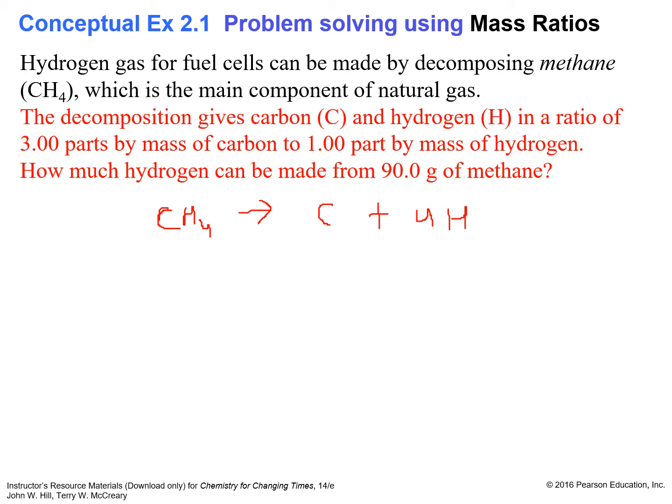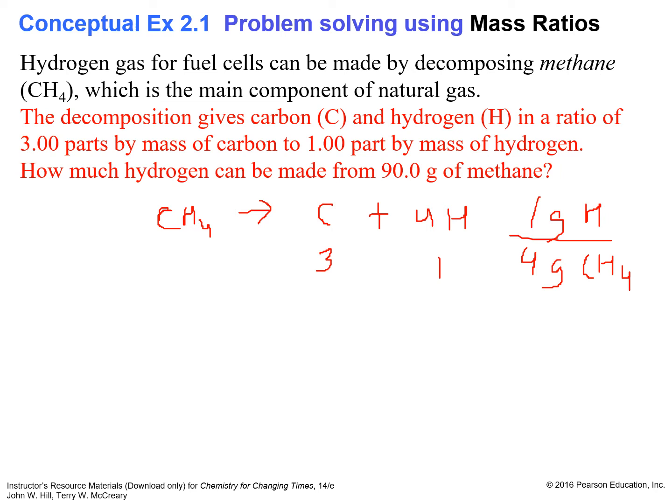So if we look at the formula, we know that for each carbon there are 4 hydrogens. We can express that as a ratio of 1:4. So there is 1 gram of hydrogen in 4 grams of methane, which is CH4. 3 parts and 1 part.